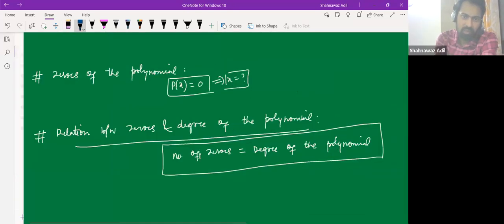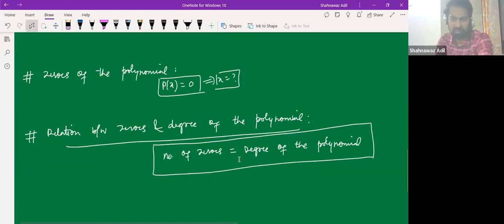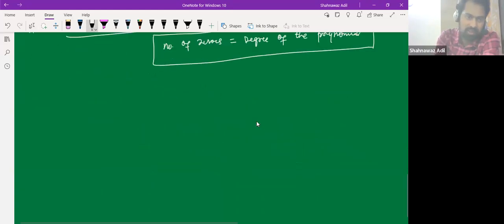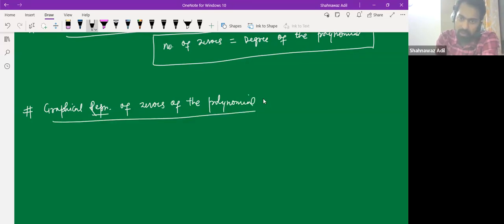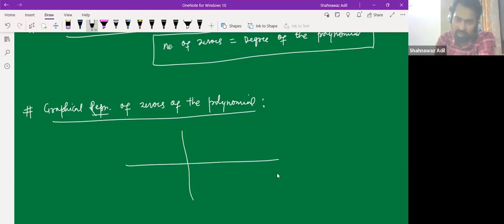So the relation between zeros and the degree of the polynomial is very crucial, right? Now the next thing is, what is the graphical representation of the zeros of the polynomial? Let's say this is x and y, and you are plotting p(x).